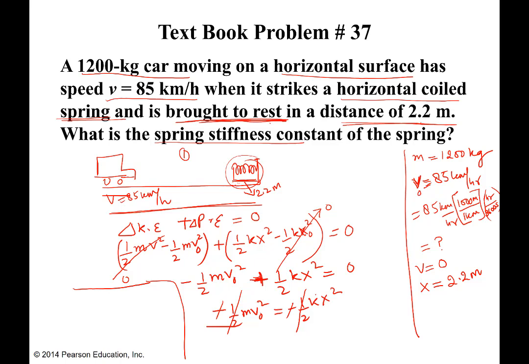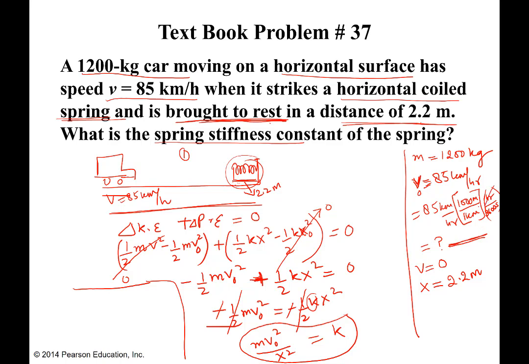So your job is to find k, so rearrange the terms. Dividing m v naught squared on both sides by x squared will give you k. Okay, so start substituting for v naught. I know by now you must have found the value for v naught in terms of meters per second.